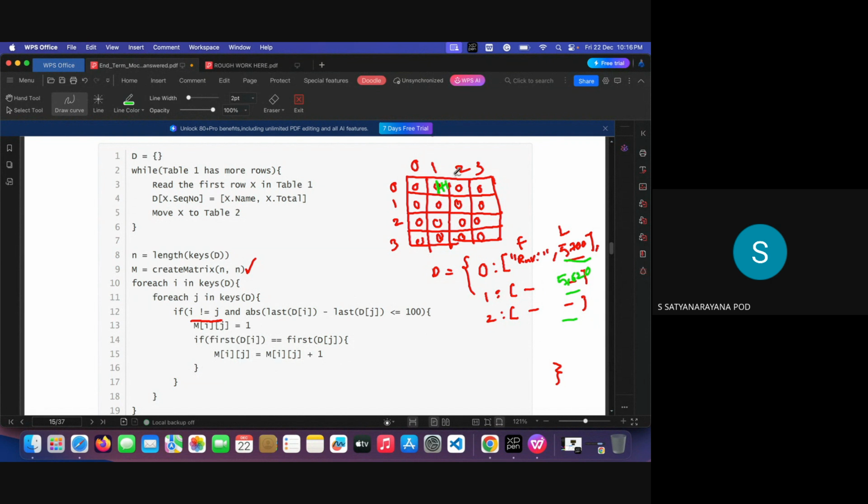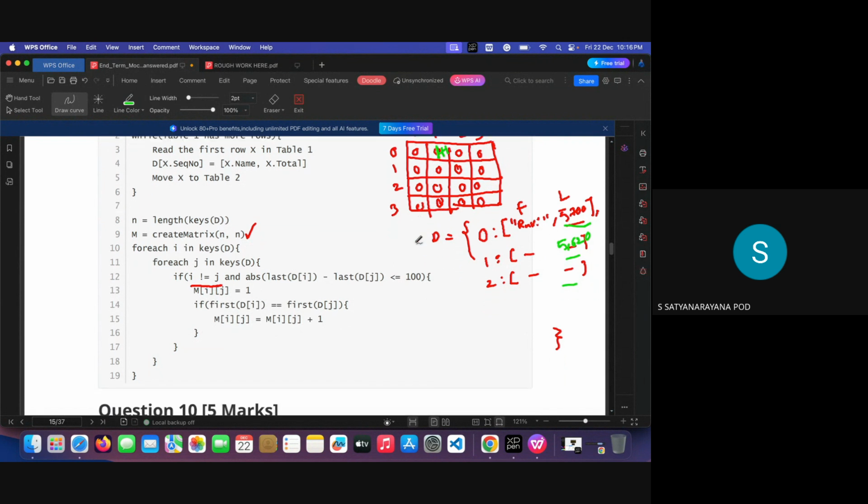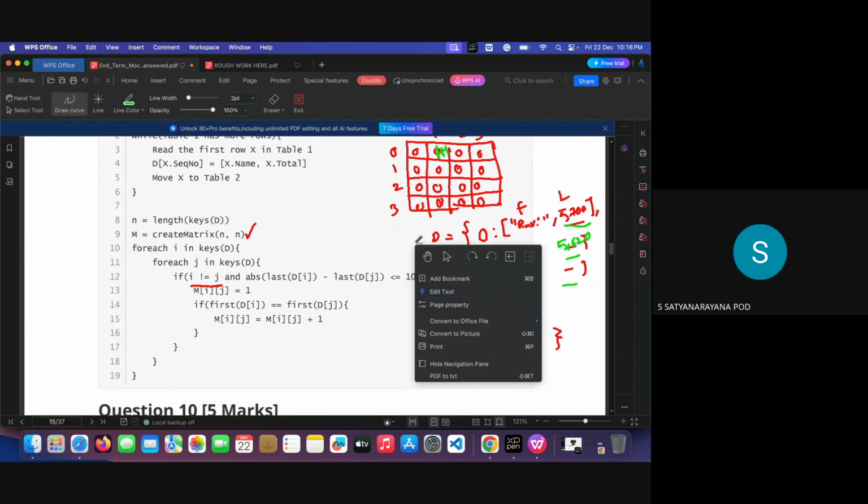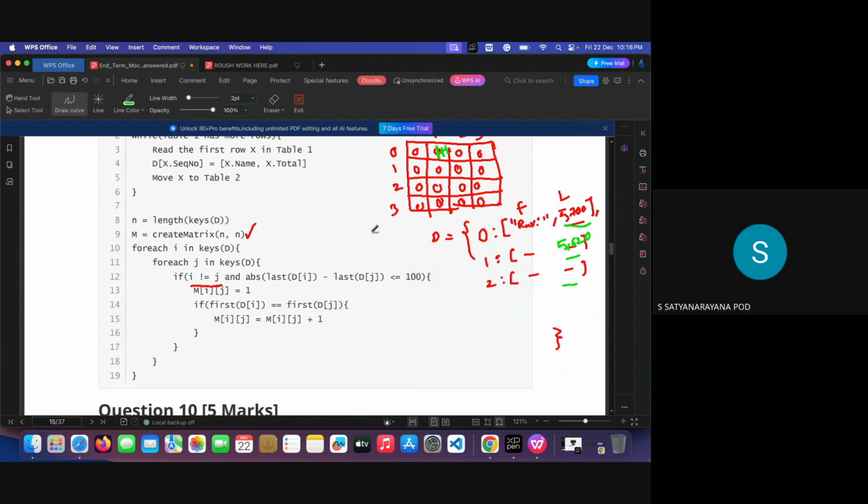If it is the first time you find a difference, you simply put 1. If you found the same customer twice, Ravi is already there but it's a different bill, so we simply do plus 1. In this way, the matrix is updated with combinations of 1 and combinations of more than 1 also.